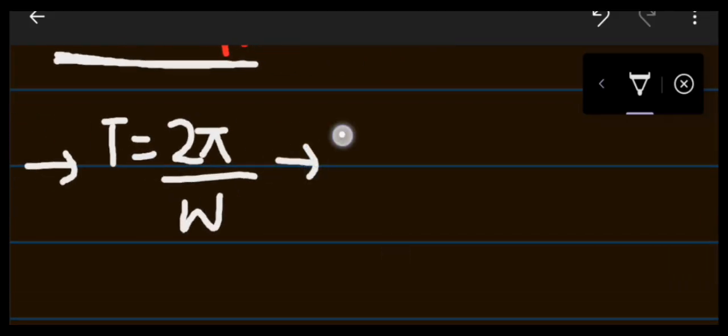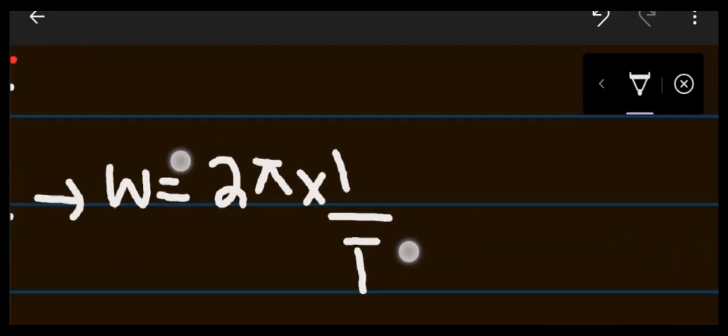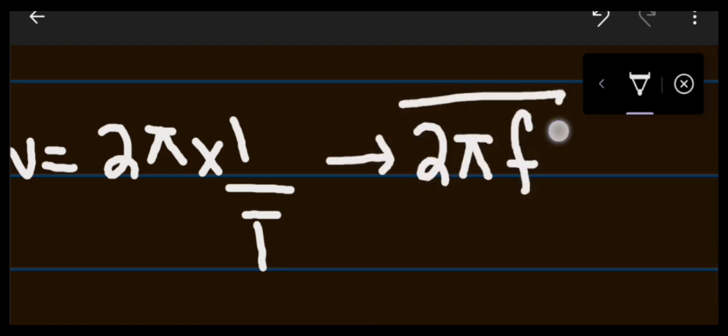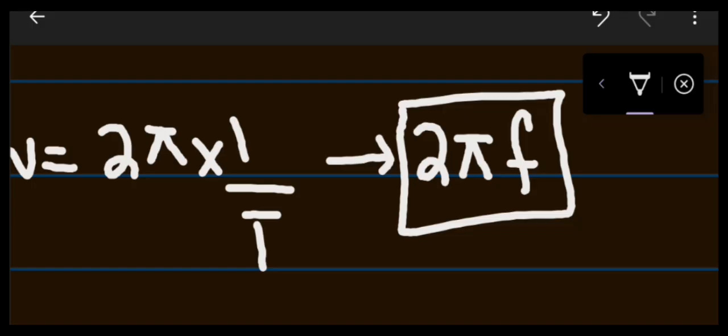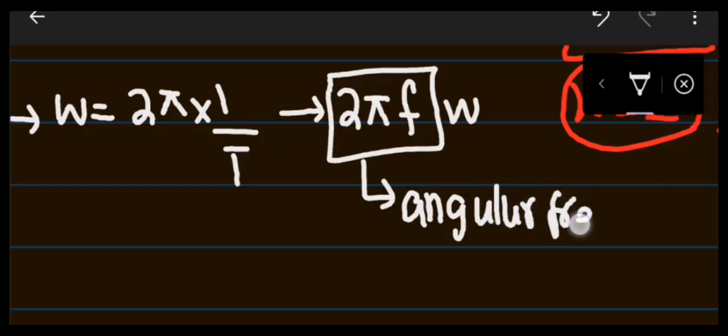Or simply, omega will be 2 pi into 1 upon T, and 1 upon T represents frequency, so we can write 2 pi f. 2 pi f is known as omega, which is the angular frequency.